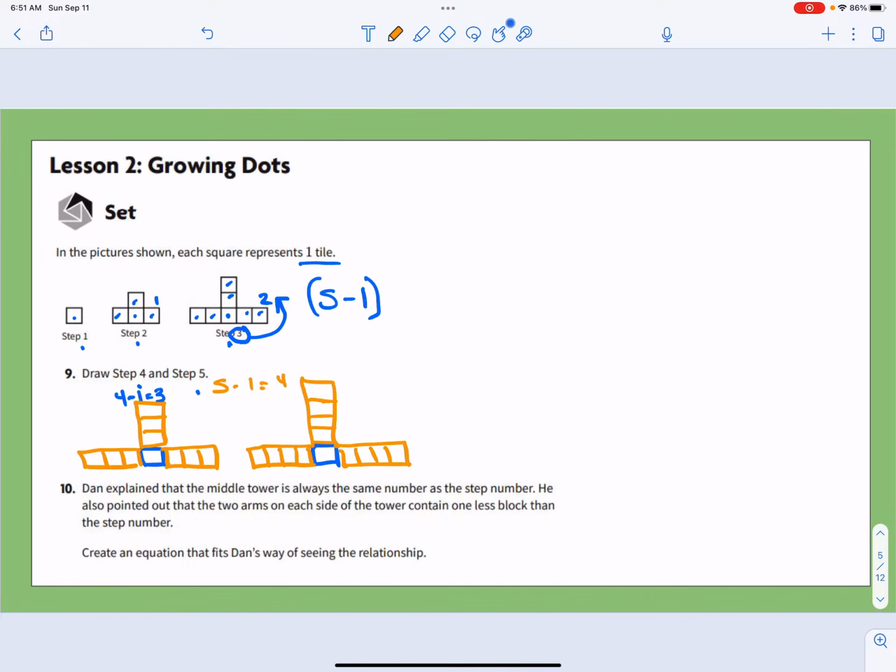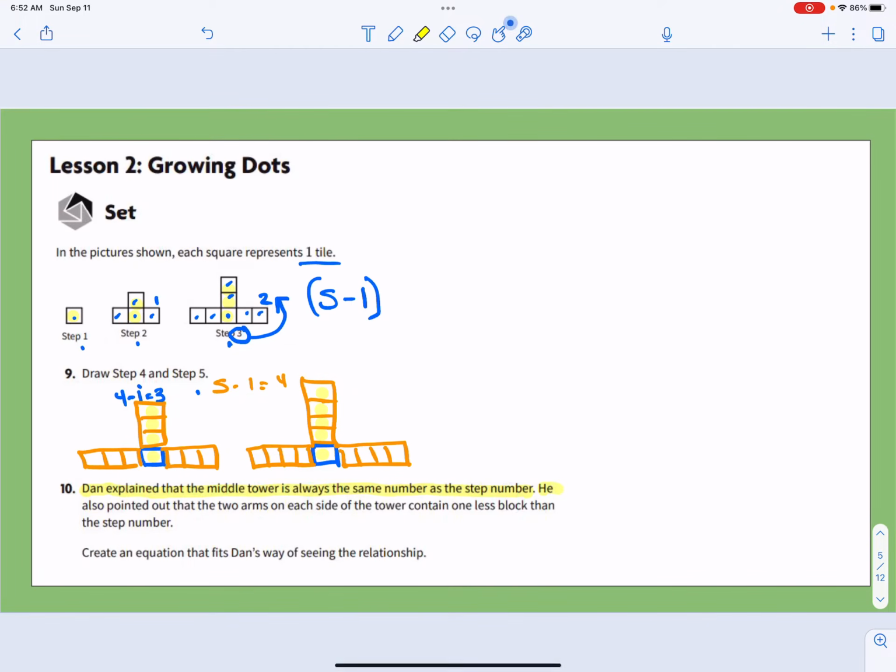Now, here's what gets interesting. Dan explained that the middle tower is always the same number as the step number. So what Dan is saying is that the middle tower here is always the same as the step number. 1, 2, 3, 4, 5. That's true. 1, 2, 3, 4. That's true. 1, 2, 3, 1, 2, and 1. Okay, true.